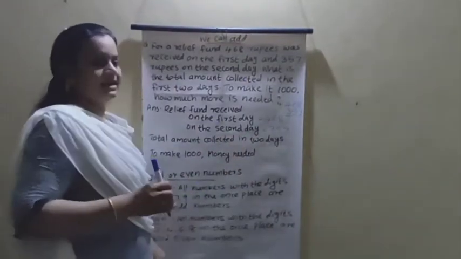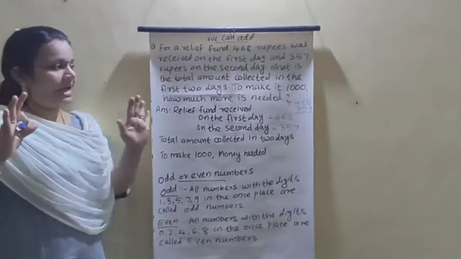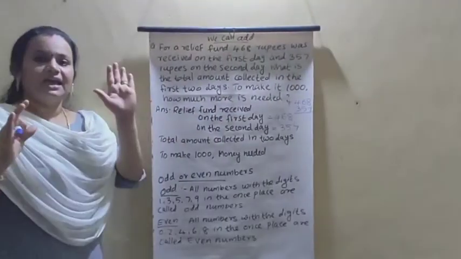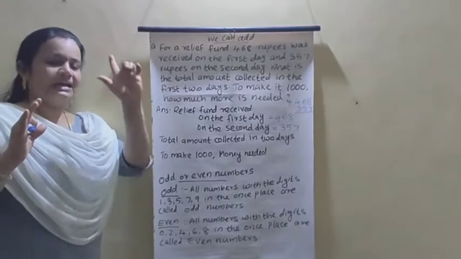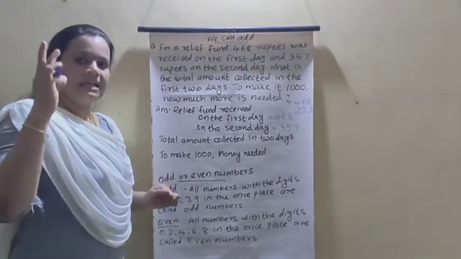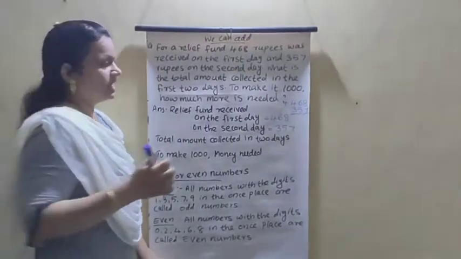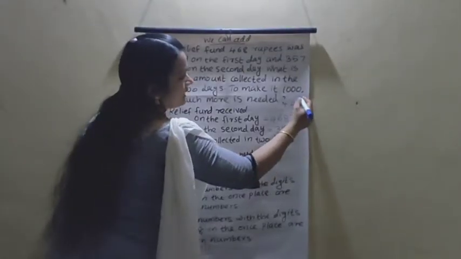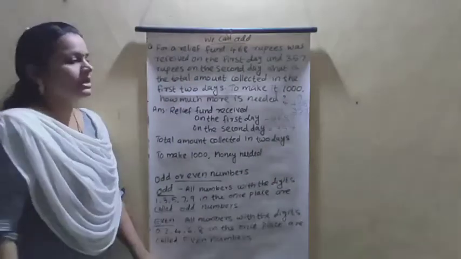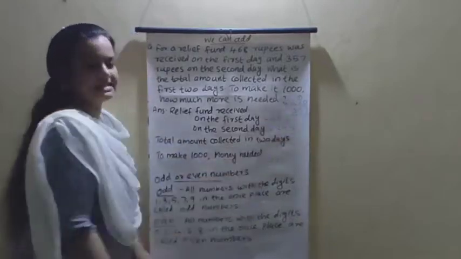7 plus 8. Take 8 fingers in your hand, count after 7: 8, 9, 10, 11, 12, 13, 14, 15. So 5 is written right here, 1 is the carryover. Then again 5 plus 6.